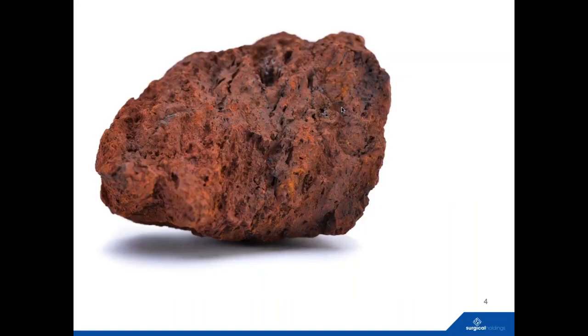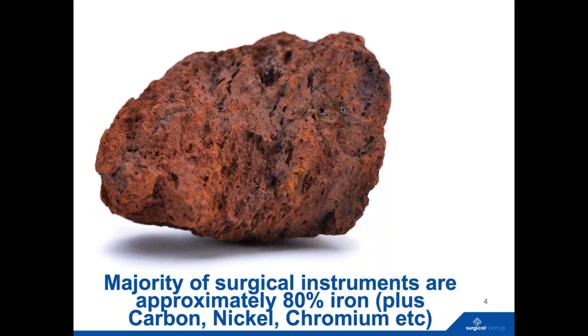And this is a slide that I often like to use to start off with, which is in fact a piece of iron ore. For me this is really fundamental to understanding the basics of surgical instruments from the perspective of the composition of stainless steel. Iron extracted from iron ore makes up around 80% of the composition of stainless steel.